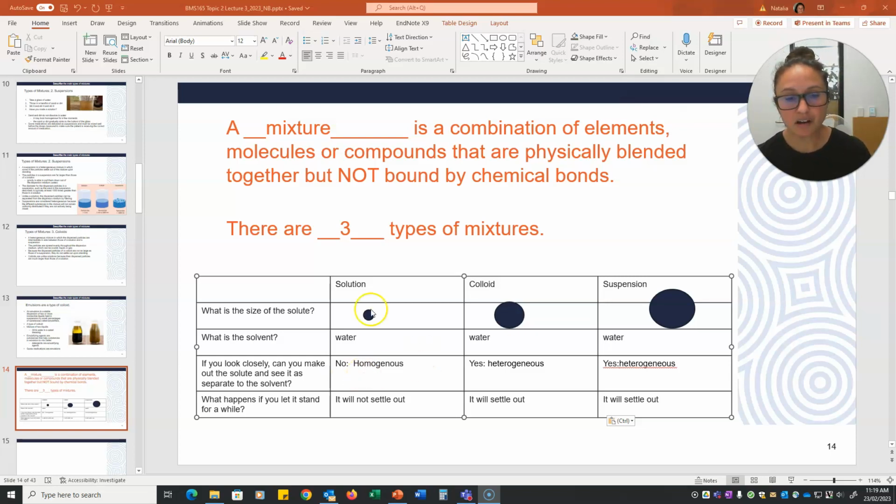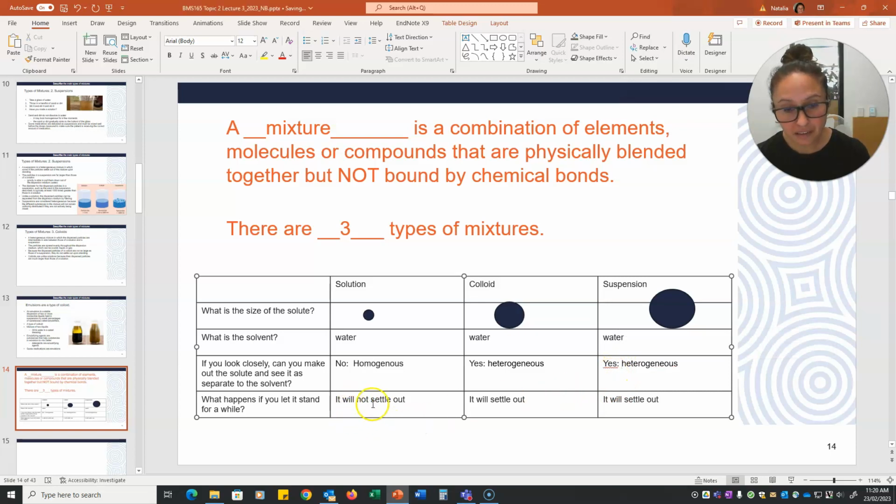If you have a look at the size of the solute, a solution has the smallest size, colloid is the next size up, and the suspension has the biggest size of solute. The solvent is usually water. If you look closely, can you make out the solute floating around in the solvent? If you can't, then we call that a homogeneous mixture. If you can, we call that a heterogeneous mixture. So that's what those 2 words mean.